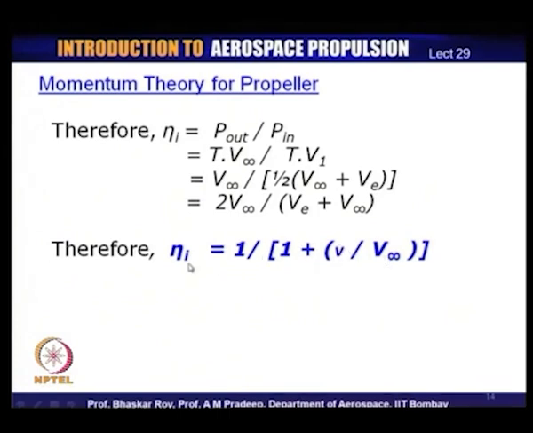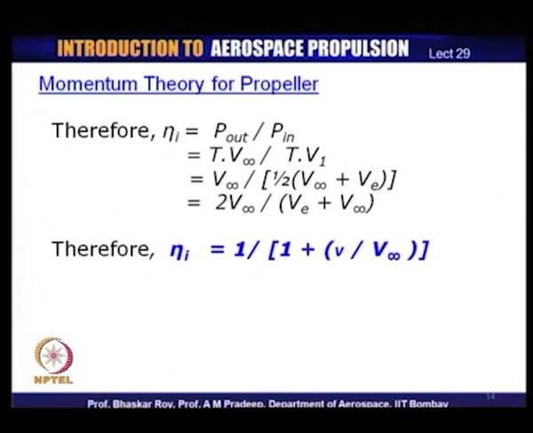As you can see here, the efficiency parameter is shown with a subscript I, because the efficiency of propellers computed through the momentum theory or actuator disk theory is often called an induced efficiency. This induced efficiency is what is normally obtained through the momentum theory of the propeller.